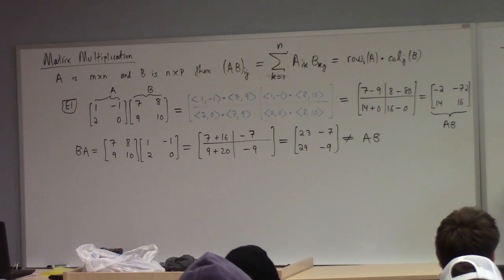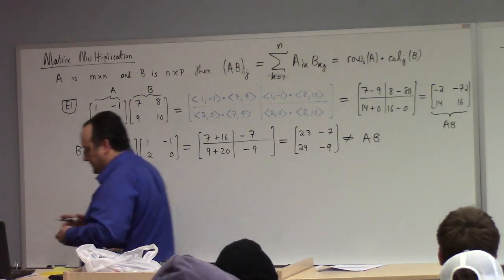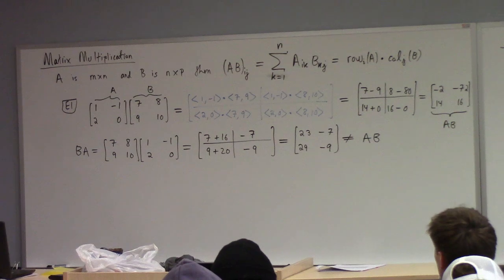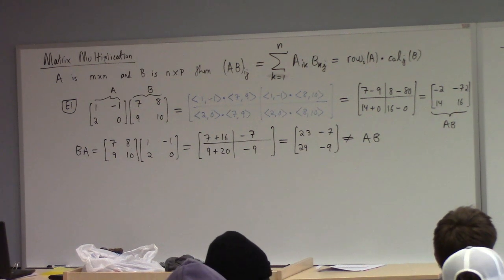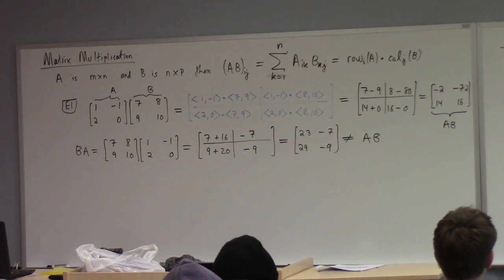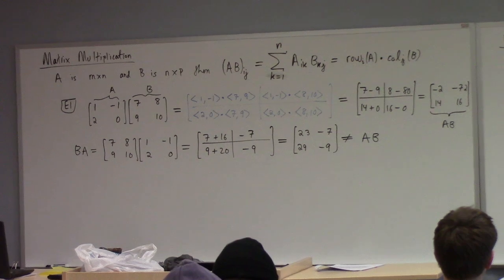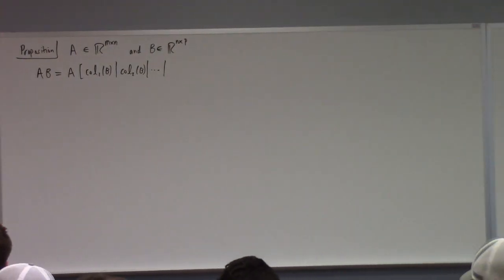How many columns are there in B? B is what kind of matrix? n by p. So how many columns are in B? p, right. So there are p columns in B.